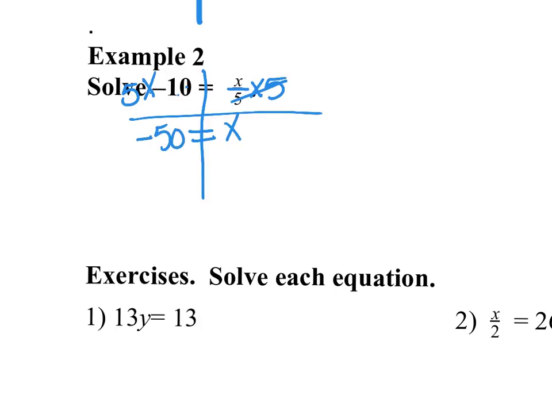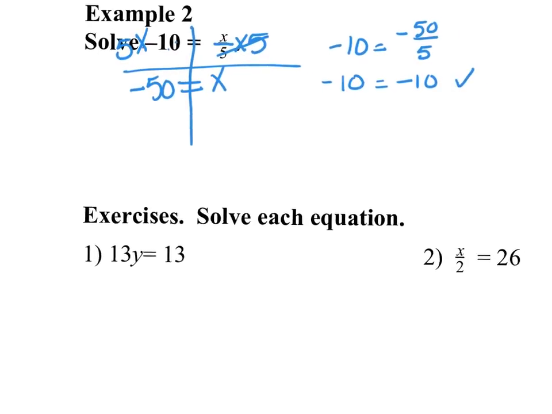So to check my problem, I would put it back in. It says negative 10 is equal to negative 50 divided by 5. Okay. So negative 50 divided by 5 is negative 10. So negative 10 equals negative 10, and that checks out.